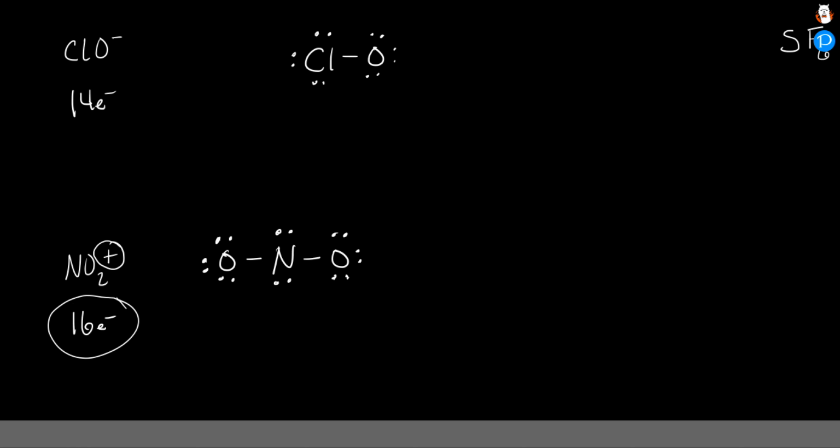And what's going to happen is, let's take away these electrons here. So right now I've got 16 electrons, don't I? 2, 4, 6, 8, 10, 12, 14, 16. So that's it. That's all the electrons that I have to work with. But nitrogen doesn't have 8 around it. So what I'm going to have to do here is actually form a double bond.